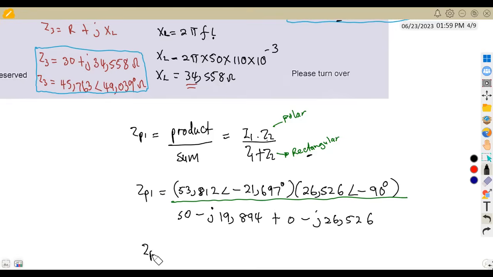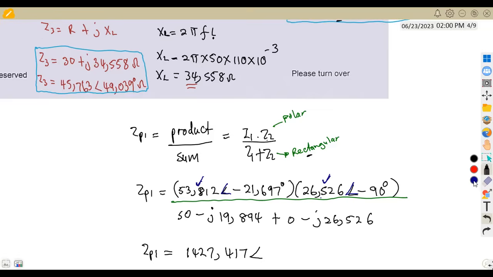So let us combine and see what we're going to have at the end. In polar form, it's best to multiply, because you simply multiply the moduli together, this part and this part, outside of the angles. So you multiply 53.812 and 26.526, which is going to be 1427.417.